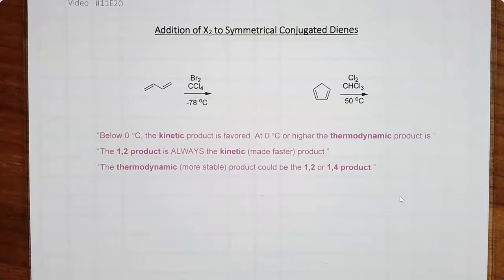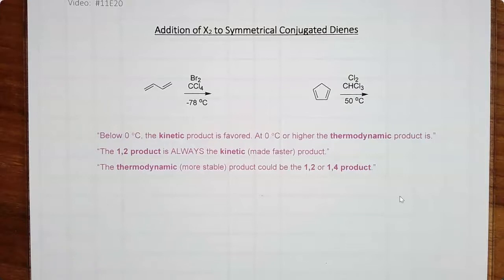Now the tricky part is the thermodynamic product, the one that's actually more stable. It could still be the 1,2 product, but it could also be the 1,4 product. So again, the 1,2 product is always kinetic, so kinetic is easy to find. For the thermodynamic, you want to analyze the stability of the product's double bond, and it could be either the 1,2 or the 1,4.